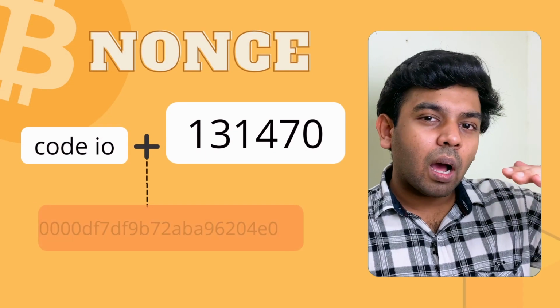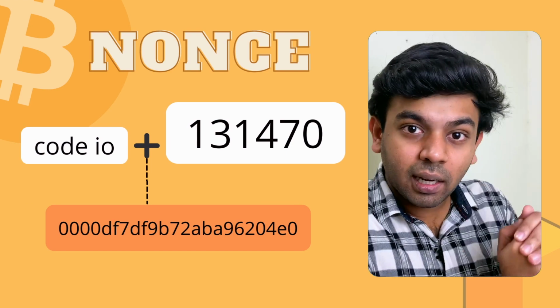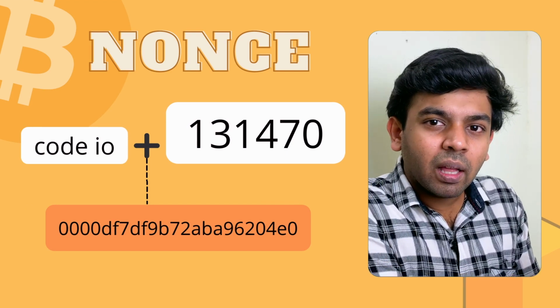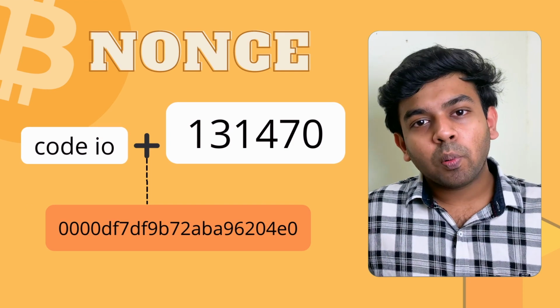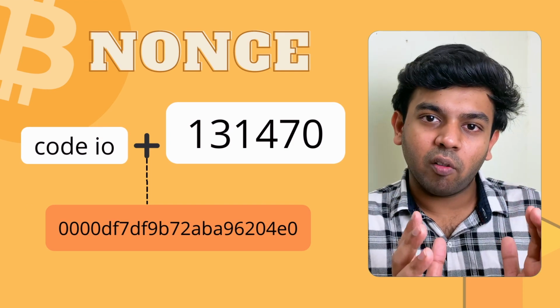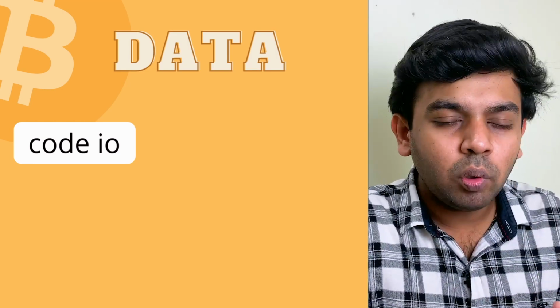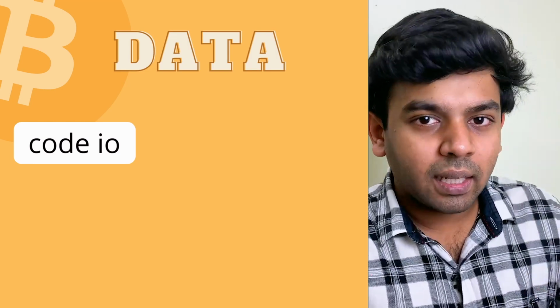It is some random number that, when combined with the data that we are going to give it, makes the hash method produce a hash with 4 zeros at the beginning of it. This nonce is generated by the algorithm that is performing these actions in the blockchain. So what it does is it gets your data. The data is fixed because you have just given it to the algorithm, and the data is fixed.